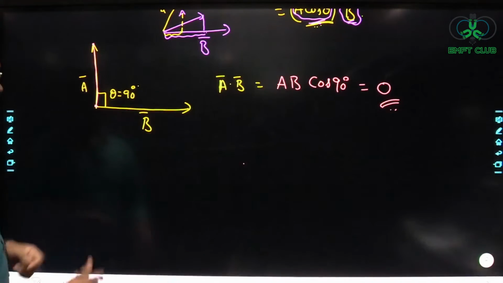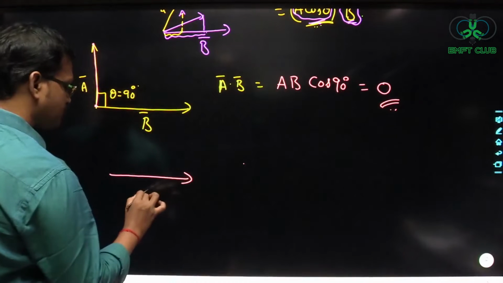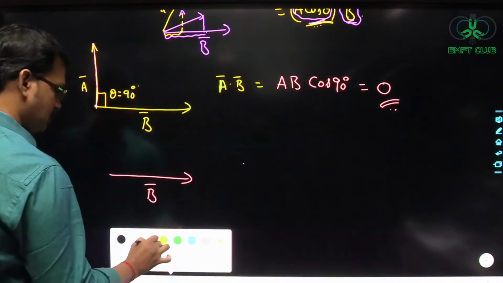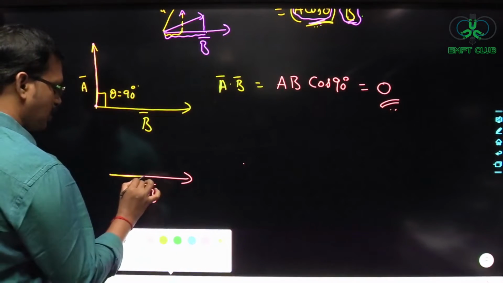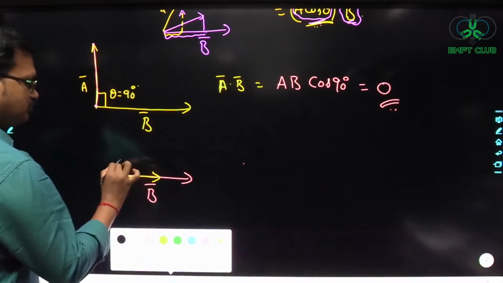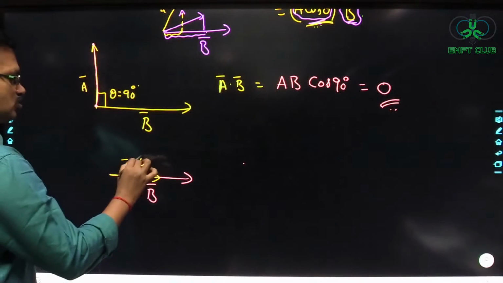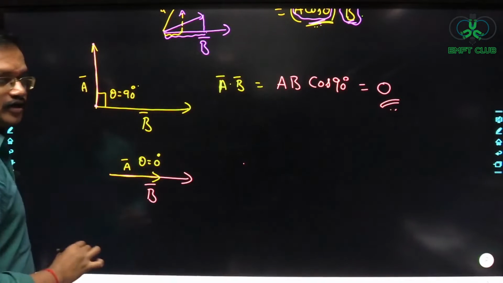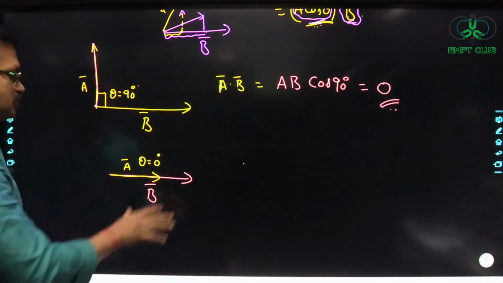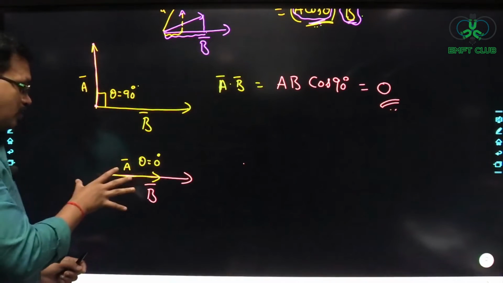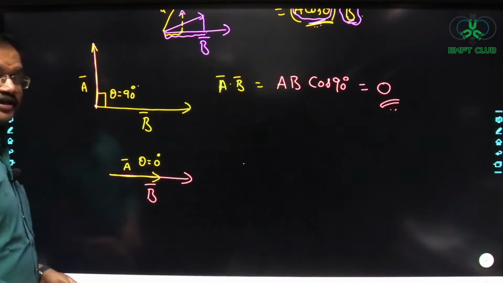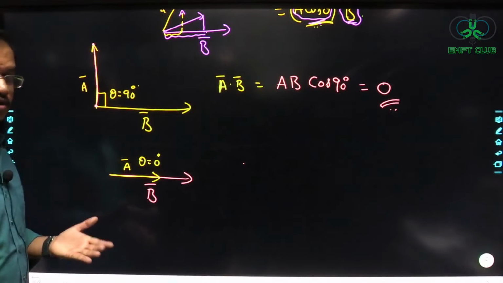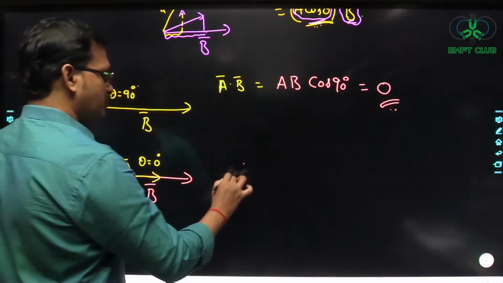And another case, if suppose B bar is present like this and A bar is also present along B bar. Now in this case, theta is equal to 0 degrees. Understood? Now here the total A bar is lying along B bar. Understood? So in this case, what is A bar dot B bar here?